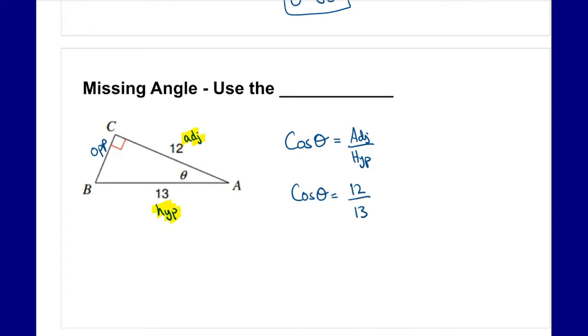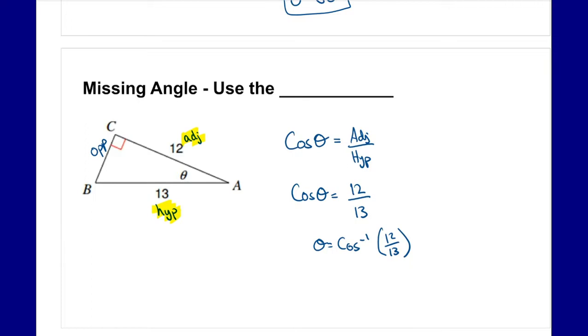Now we're stuck at something similar where we want to get rid of that cosine. We want to get theta by itself. In this case, again, moving the cosine over, it becomes cosine -1 of 12 over 13. So the only thing that's changing between what we did in this example and the previous one is our ratio. Nothing else is changing.